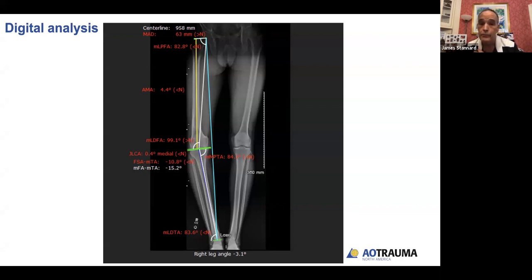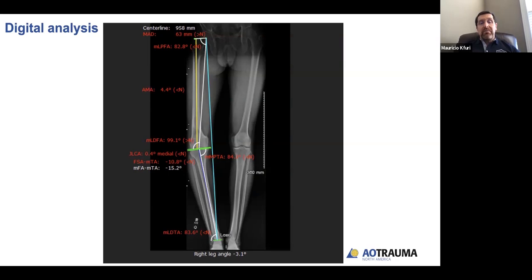Yes, and one of the things critical to pay attention to is that this patient has 15 degrees of varus. As Jim pointed out, all his joint orientation angles are abnormal, meaning it's a very complex deformity. You have to figure out where the 15 degrees is coming from.